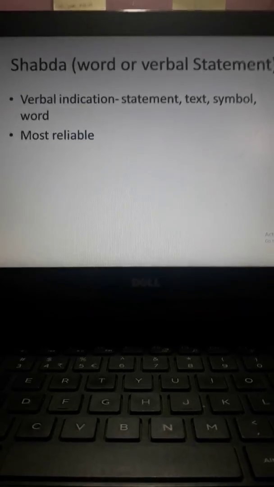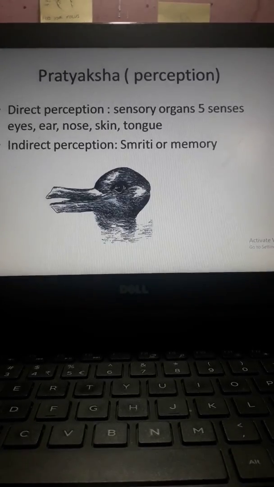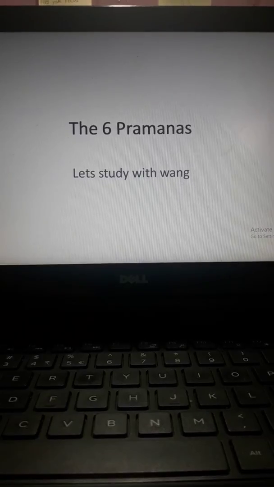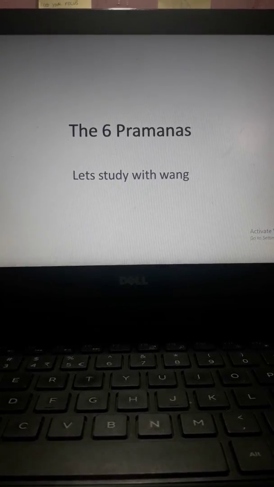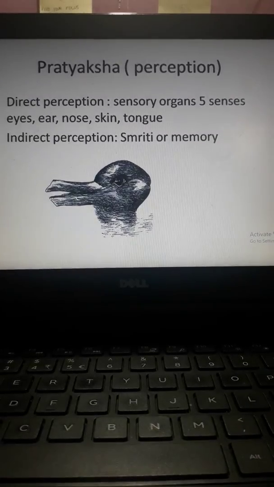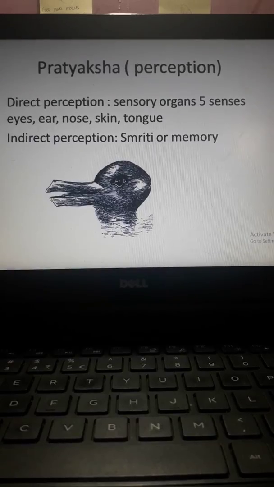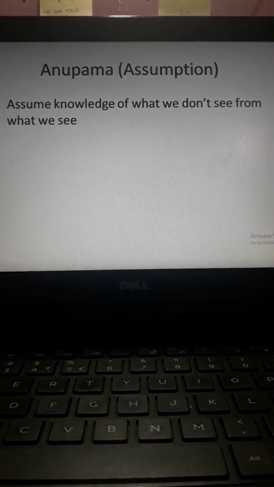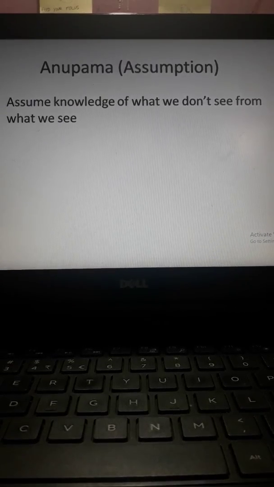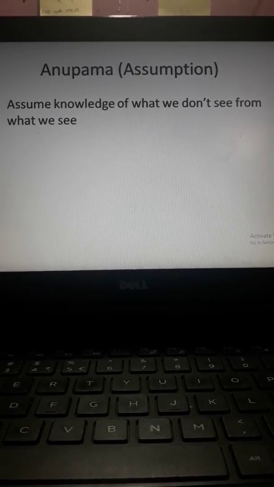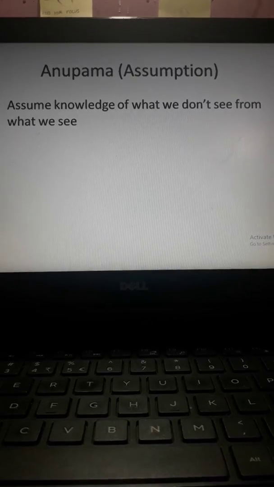So let's recap from the first one. There are 6 pramanas. Pramanas means proof. First we have pratiksha, perception. There are 2 types, direct and indirect. Anumana is the assumed knowledge of what we do not see from what we see.